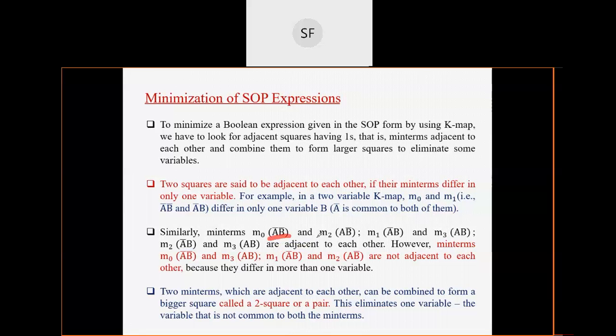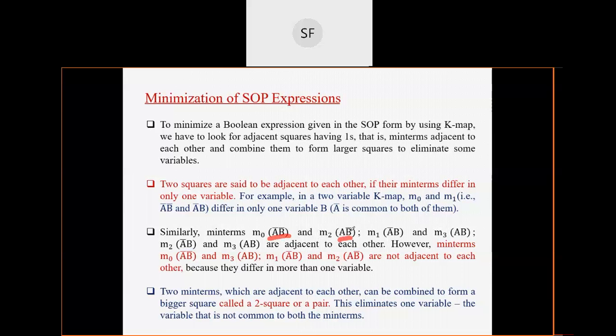Again, B bar is present here and here also. So B bar is constant, but A bar and A are different. So hence these two will also be adjacent squares, M0 and M2.